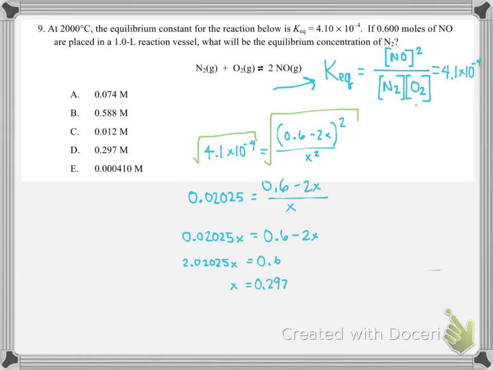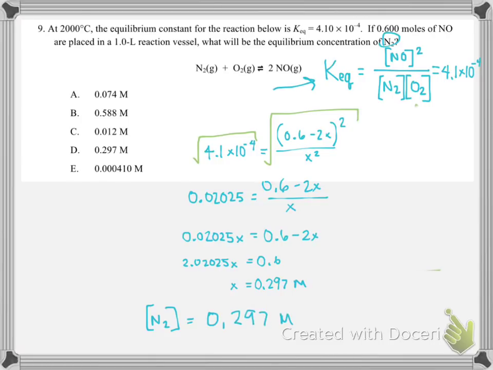So I erased the ICE table, but let's remember that they're asking us for the concentration of N2. And if you look back at the ICE table that you've written down, you can see that the equilibrium line for the N2 value was just going to be equal to x. Okay, so the concentration at equilibrium of N2 is equal to 0.297 molar.